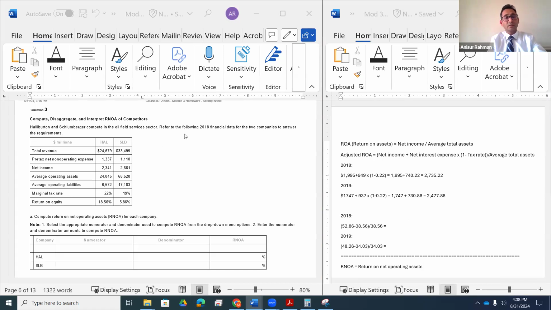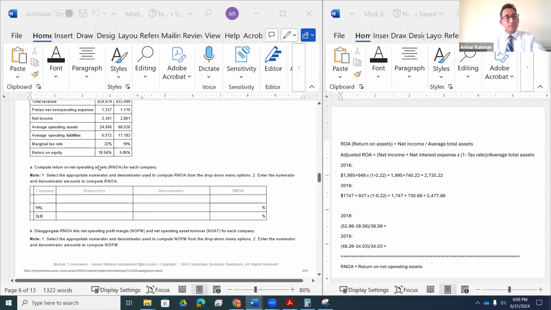We have again two companies' data: Halliburton and Schlumberger. I'm not sure of the right way to pronounce this one. Refer to the following 2018 financial data for the two companies to answer the requirements.